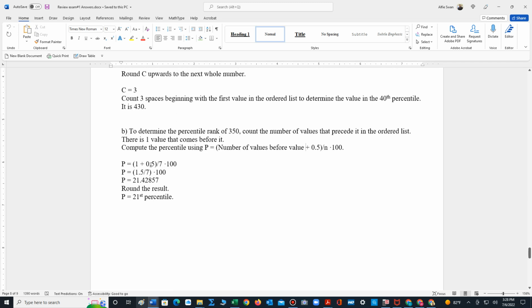So it's 1 plus 0.5, divided by 7 values, times 100. That's 1.5 over 7, which is 21.42857 after we multiply by 100. And then we ultimately round this to 21 using regular rounding rules. So 350 is the 21st percentile.